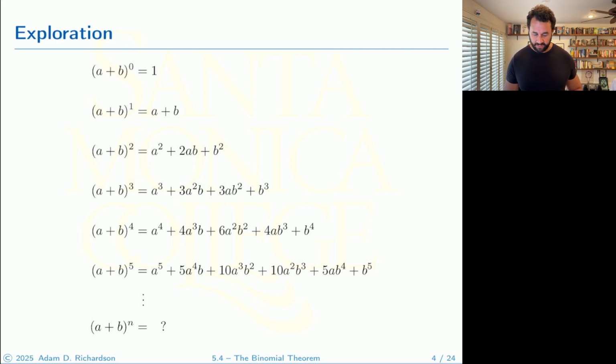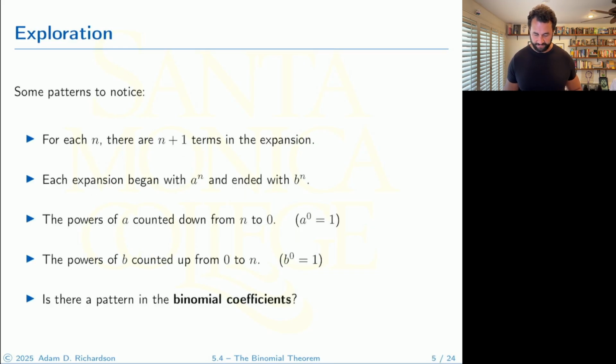But what about these coefficients? 1, 2, 1, 1, 3, 3, 1, 1, 4, 6, 4, 1. 1, 5, 10, 10, 5, 1. Is there a pattern there? That's this final question, right? And if we can find a pattern there, then we have basically found a whole bunch of patterns that mush together to give us the structure of those binomial expansions.